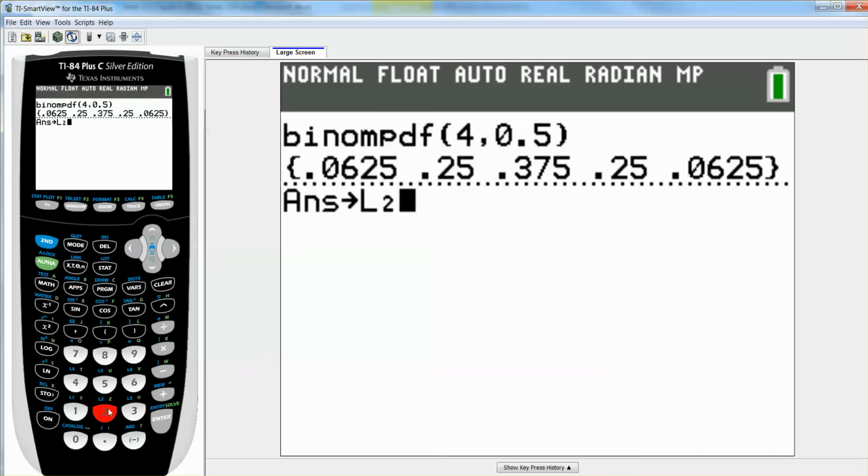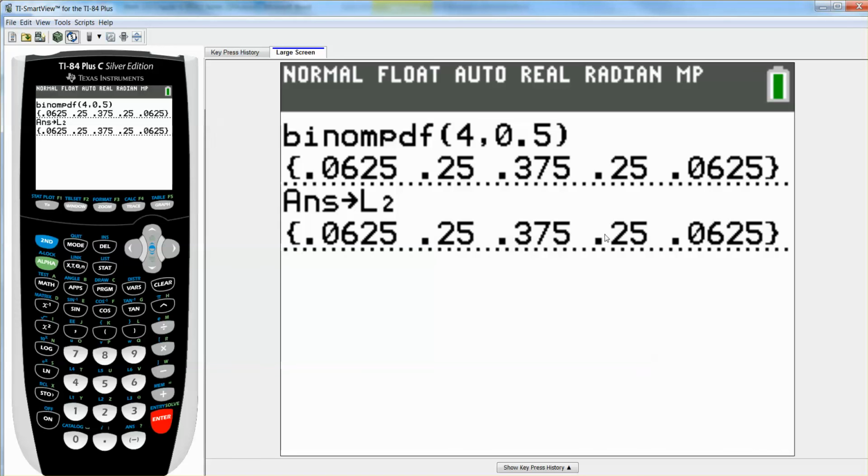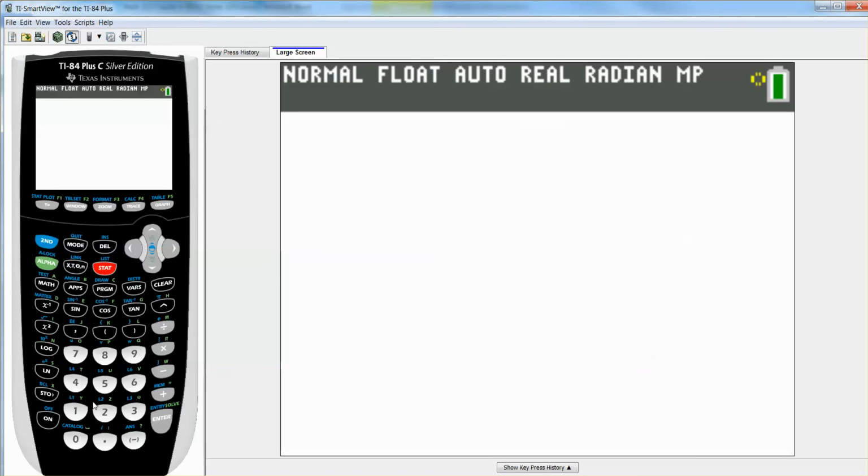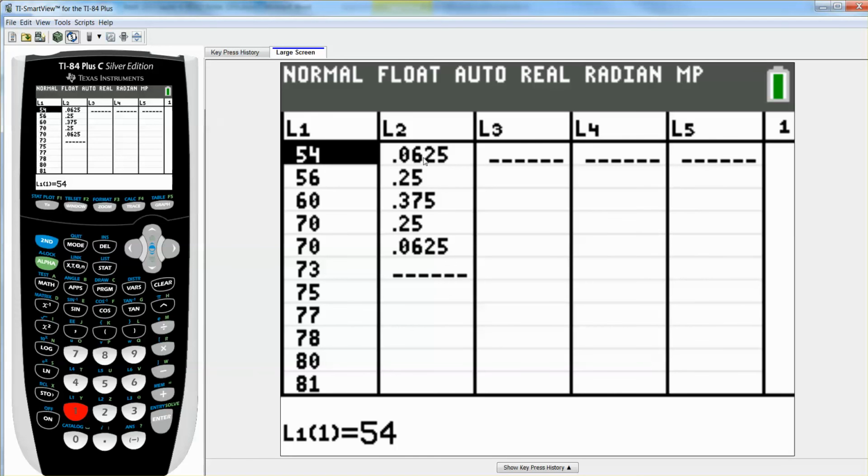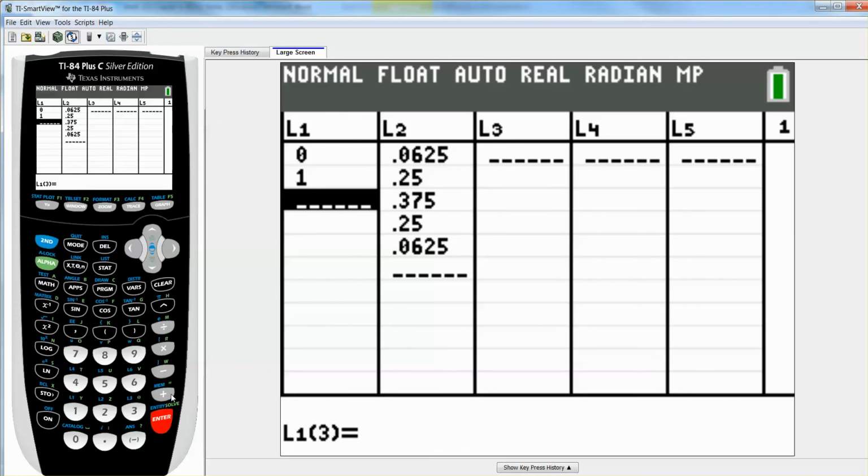So I'm going to store it in L2 for myself. Enter. And it'll just show me the list again. That's fine. But if I go to Stat Edit, I can see the list of values right there. See them in L2? And then I could type for myself 0, 1, 2, 3, 4. And I can see there's the table that we're looking at, right? And remember, the x values always start at 0 and end at whatever your n was. In our case, our n was 4, so that's where we stopped.